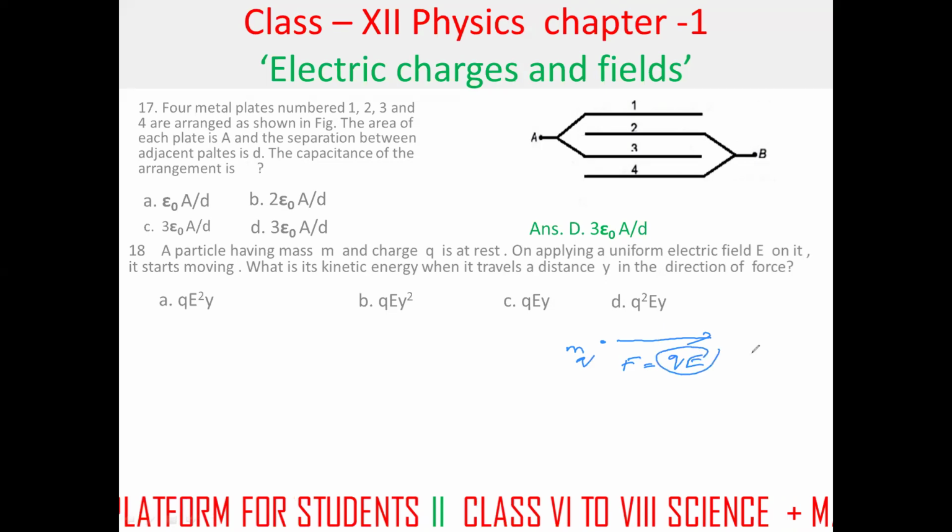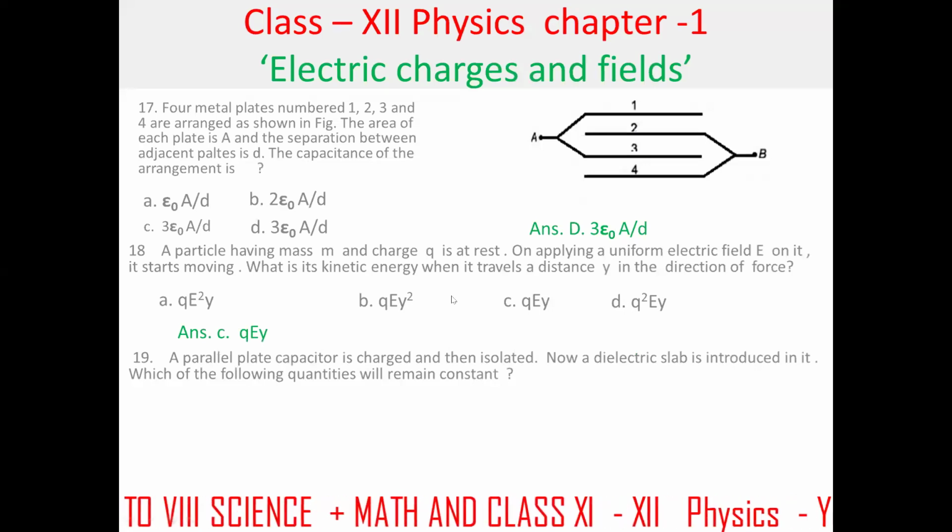Kinetic energy is the work done, which is force into distance. The distance here is y, so the energy is F into distance, that is qEy. Very simple. So I hope you got this. The answer is qEy.